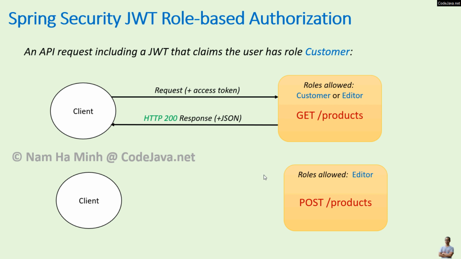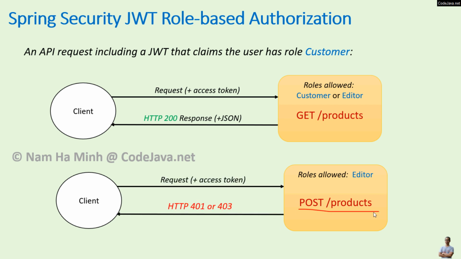And if the request is sent to this API, it should return an error HTTP 401 or 403 because the only role allowed is editor, whereas the request contains a JWT that claims the role customer only.